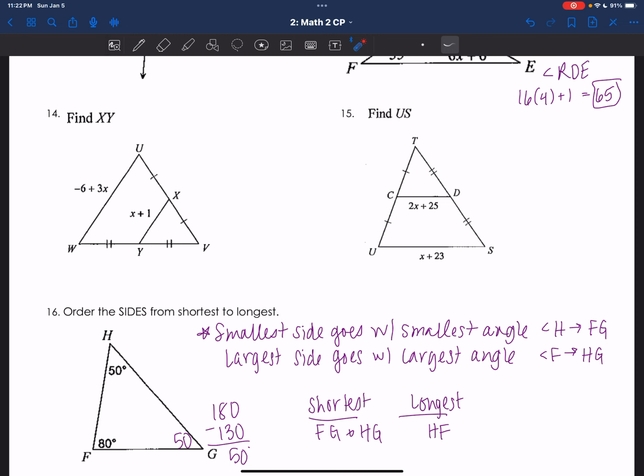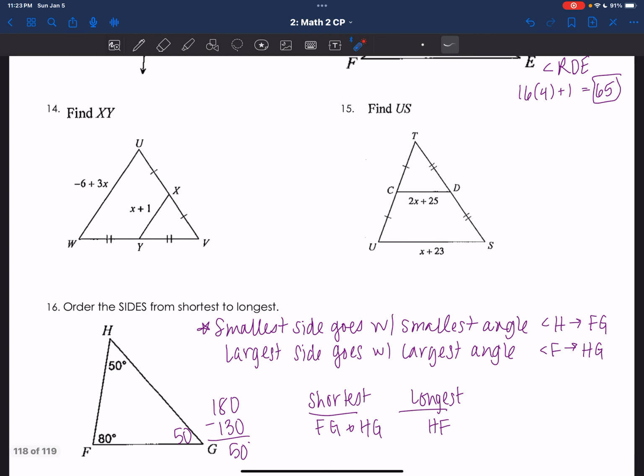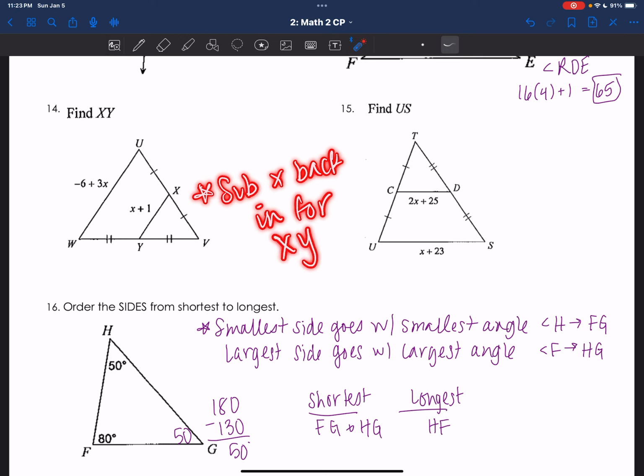And then for 15, it says find US. Oh, I forgot to say, make sure you plug back in. So make sure once you find your x equals 8, sub it in, and your final answer should be 9.